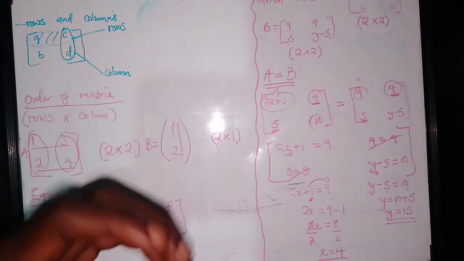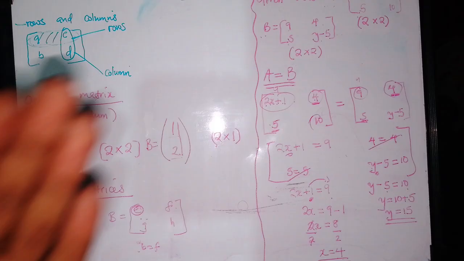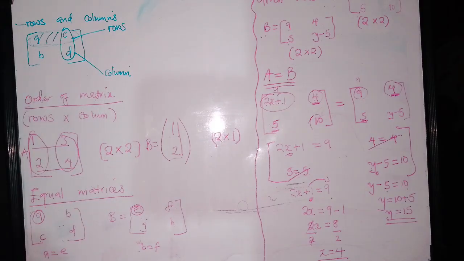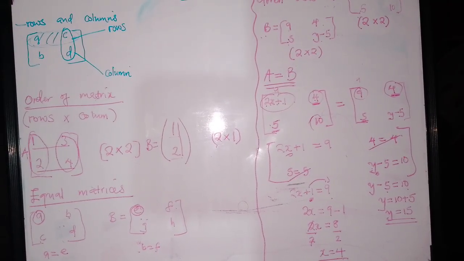Whenever you see an equation inside a matrix, just know that you should apply what? Equal matrix. Then another thing you need to understand about equal matrix is that you can only add matrices again if they are equal.